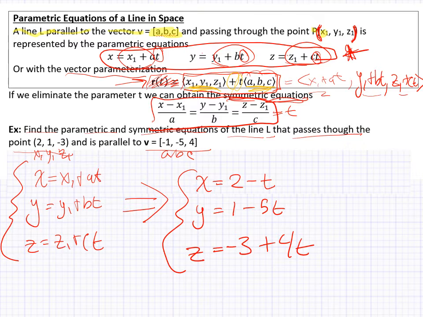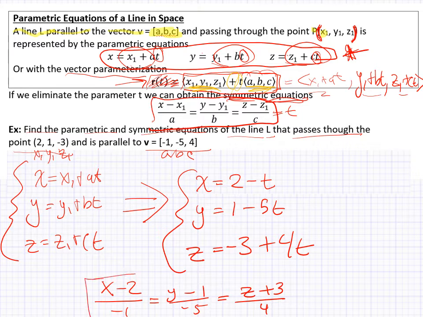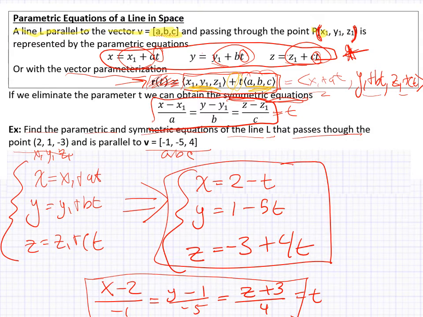If you want to solve these for t and do the same thing, the symmetric equations would be (x minus 2) over negative 1 equals (y minus 1) over negative 5 equals (z minus negative 3), so z plus 3, over 4. And that would be your symmetric equations here. Again, they equal t. This is my preference. That's it. Pretty simple. But it's not always that simple.